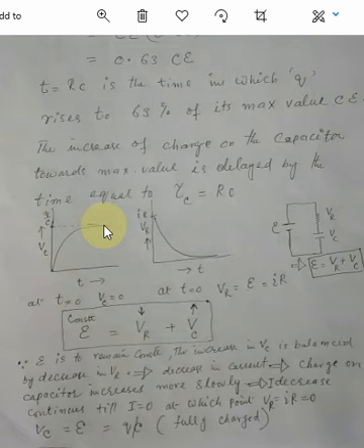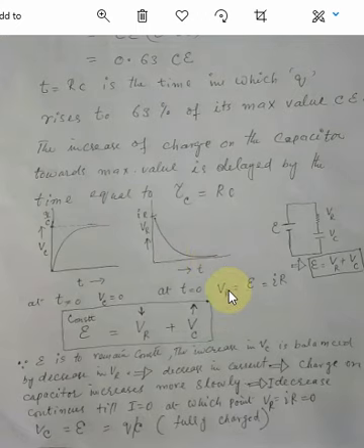So at that point, VR will be 0 and VC will be maximum. VC is maximum, as you can see here, and VR is minimum. So we can summarize the result that at t equal to 0, VR is maximum and VC is minimum, and at the final time t, VC is maximum and VR is minimum.